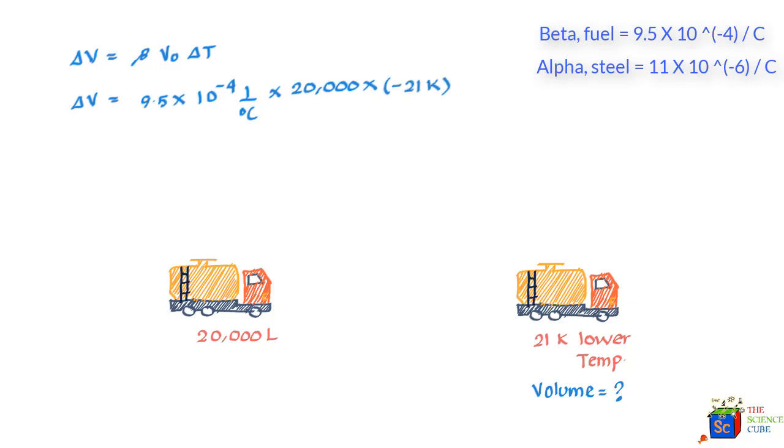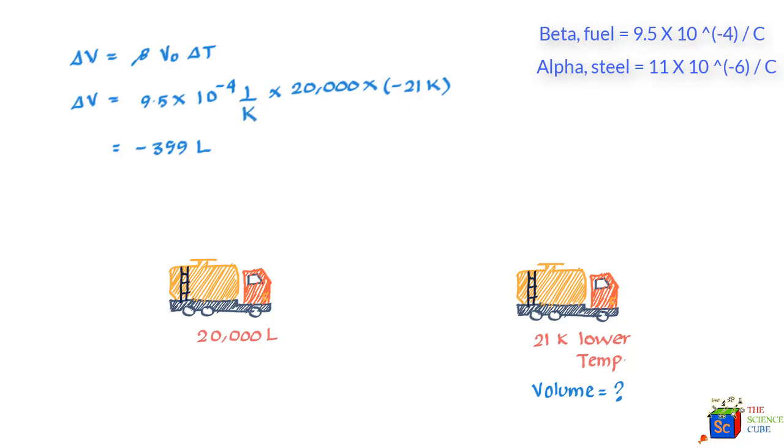Now, if you solve for this, what you'll find is that this equals minus 399 liters, or there's a reduction of volume by 399 liters. And you'd have seen that we have a degree centigrade here, but a Kelvin here, which is quite okay since beta value will be the same if it is expressed in per Kelvin or per degree centigrade. But for the sake of some purity of the equation, we'll write this as Kelvin as well.